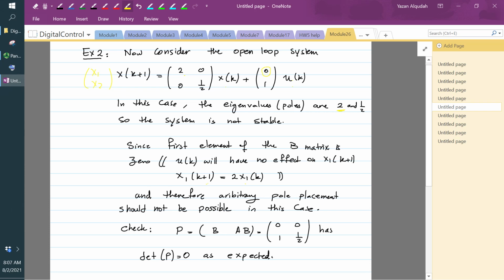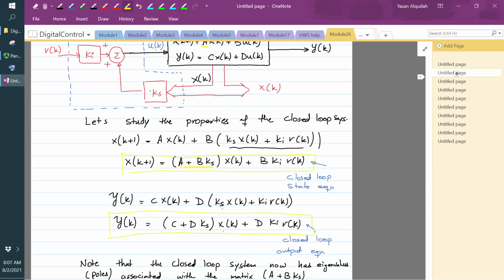And therefore, u of k, which is what we're going to be able to change, has no effect on x1 because it does not show up in this equation here. So again, when we wrote the state equation for x1, x1 is just equal to 2 multiplied by x1, and it does not depend on u of k.